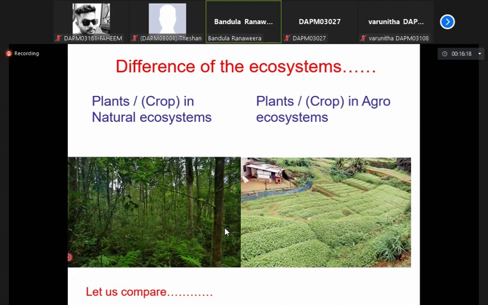So just have a comparison of natural ecosystems and agro ecosystems. Specifically, we are doing that in order to understand why some organisms become pests in these large scale cultivations of the developed varieties, developed cropping systems. So now it is up to you to help me to find out the reasons for the development of pest problems in agro ecosystems.